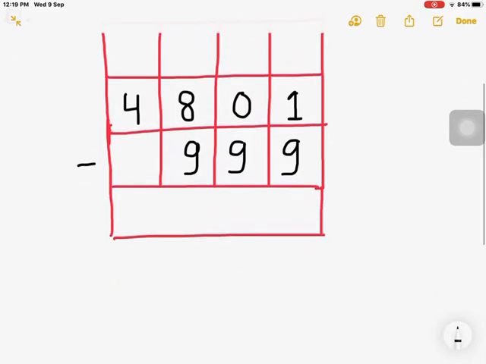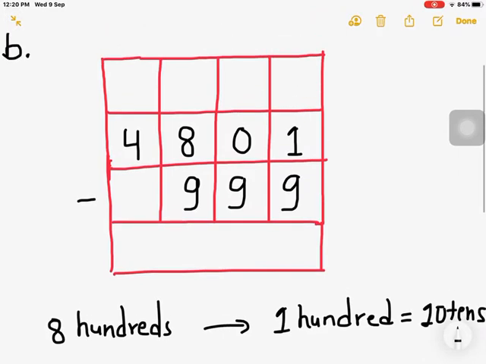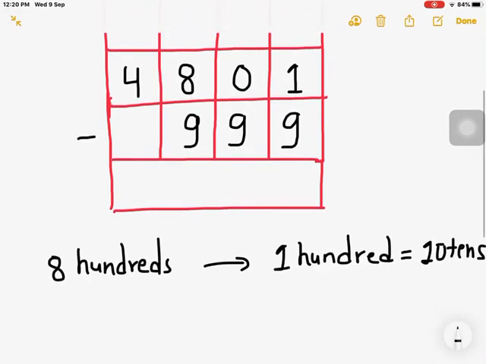Here we have 800, so it will give 100 here, 100 means 10 tens. When it gives 100, it will remain 700 only in place of 800.